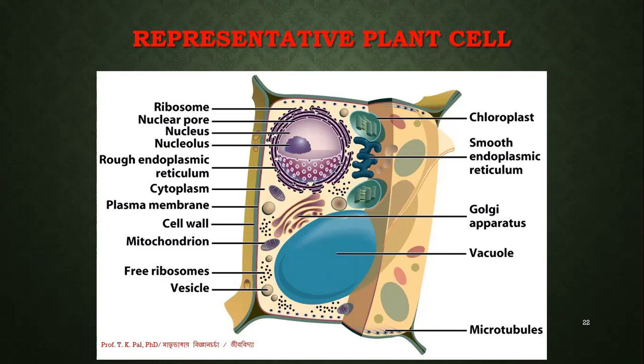Now, what is the function of the cell wall? Why does a plant cell require a cell wall, but an animal cell doesn't? For this I will give you an example: a football. Within the football there is a bladder, and it is covered by polypropylene, polythene, or synthetic leather.